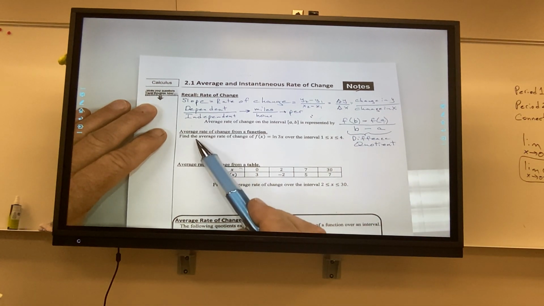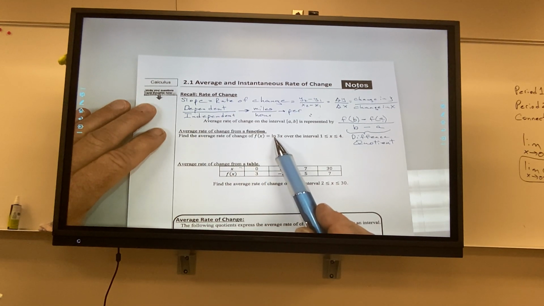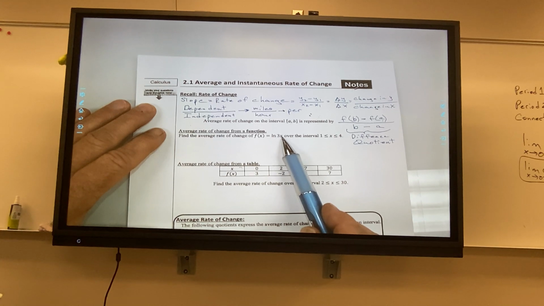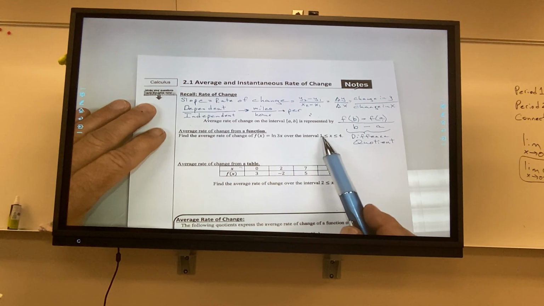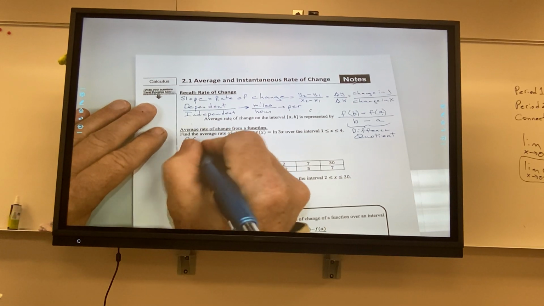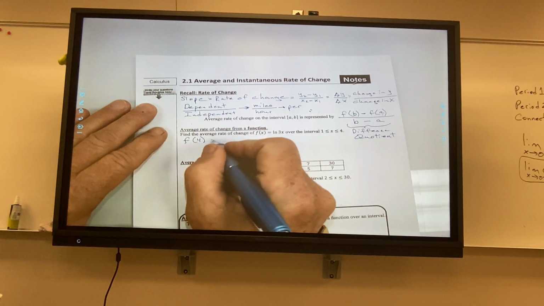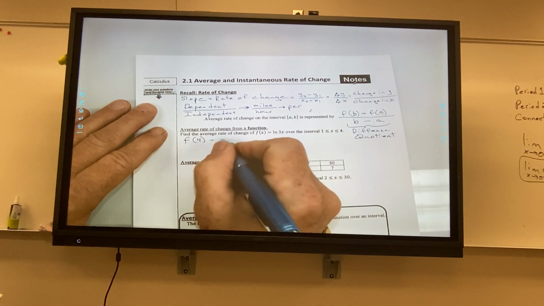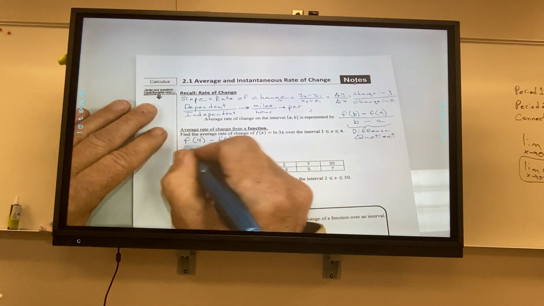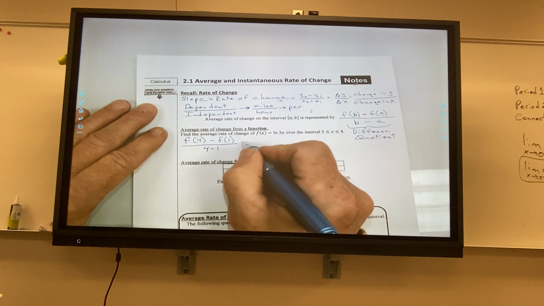All right, it says, find the average rate of change of this function, the natural log of 3x, over the interval from 1 to 4. Well, how would I do that? I'm going to put in f of 4, because they tell me what f is, so I don't have to write it, minus f of 1, over 4 minus 1.